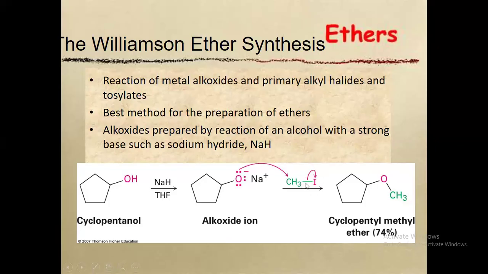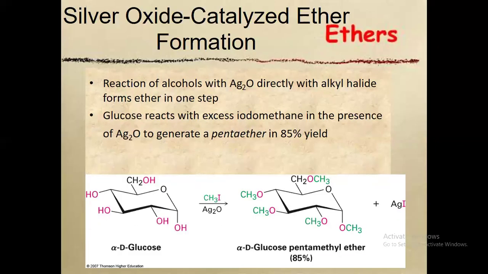You now bring your alkyl halide. So the sodium will take the halogen to form NaI, while the methyl group will come and replace it here to form your ether. So that's cyclopentyl methyl ether.